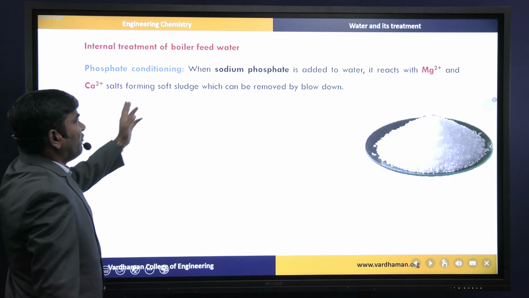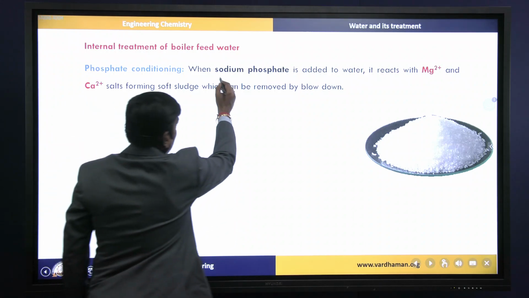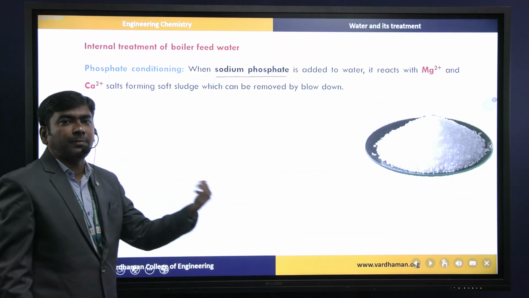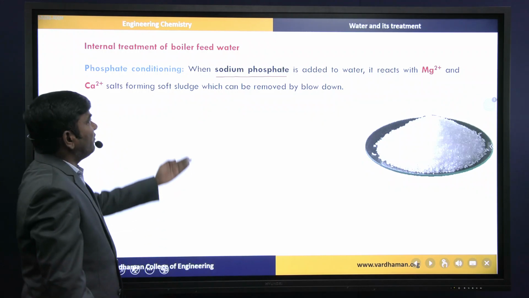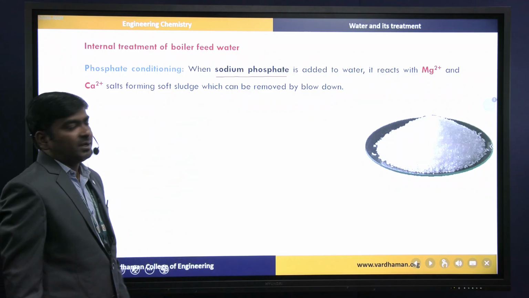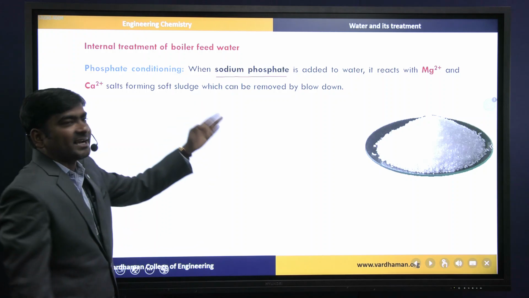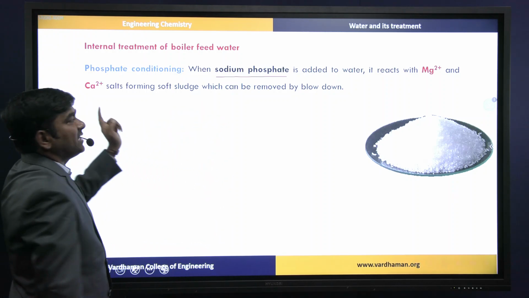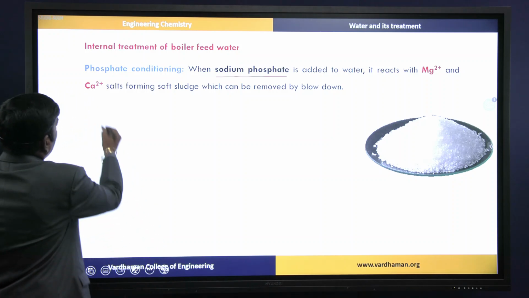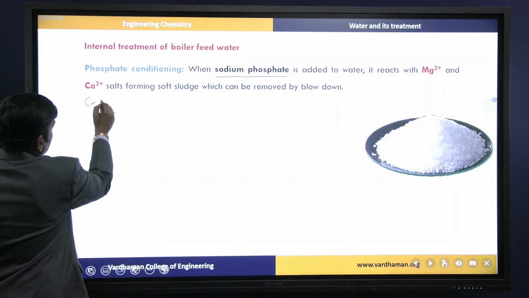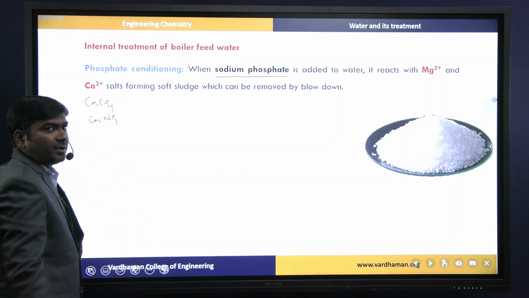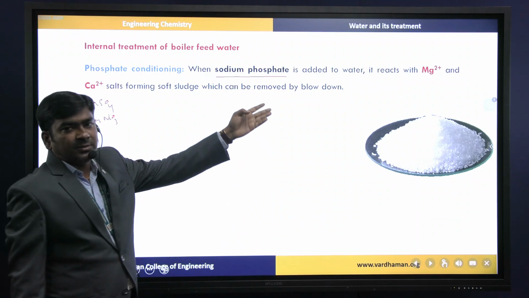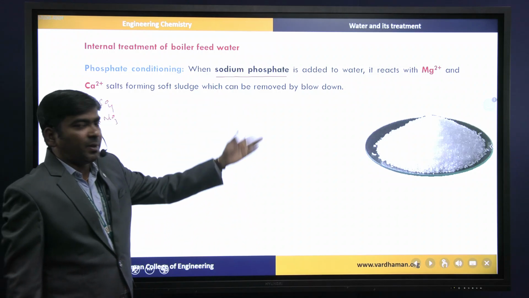The next method is the phosphate conditioning method. Here we add sodium phosphate to the boiler feed water. Again, first we need to supply water into the boiler, then we add sodium phosphate. That sodium phosphate reacts with both the salts, magnesium plus 2 based salts and calcium plus 2 based salts. That means calcium sulfate, calcium nitrate, and other salts, and next magnesium sulfate, magnesium nitrate, and even magnesium bicarbonate.